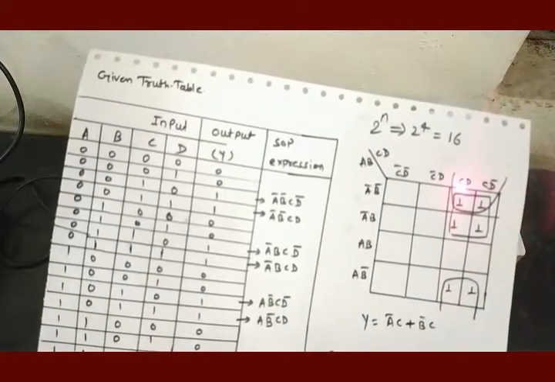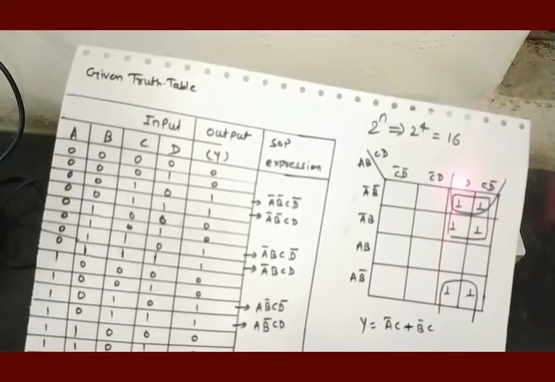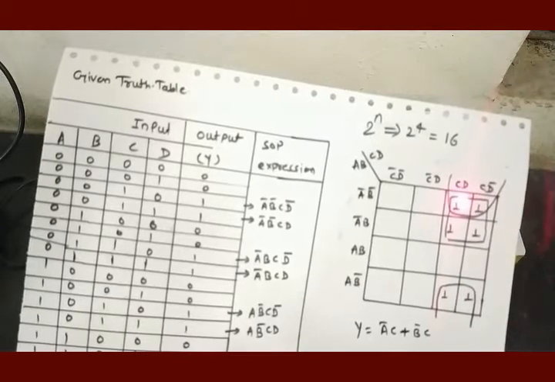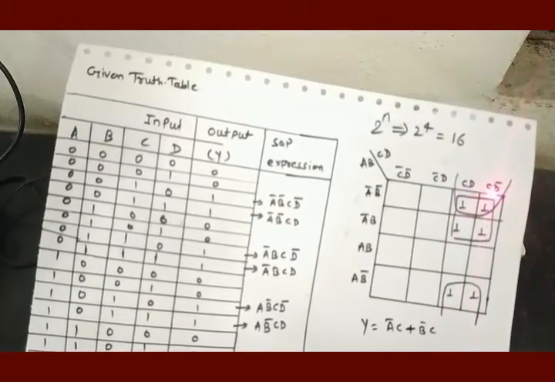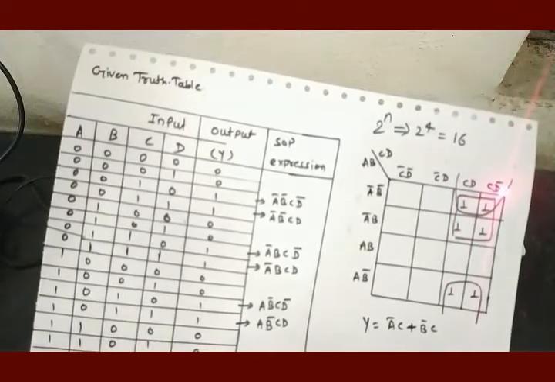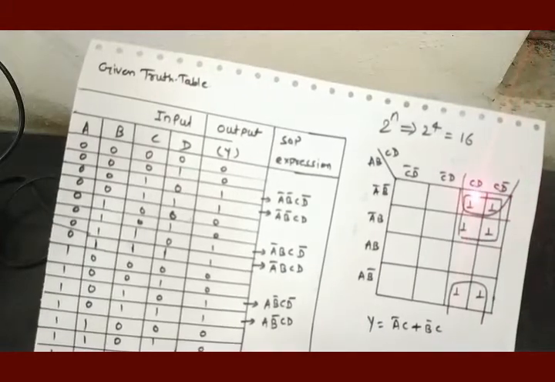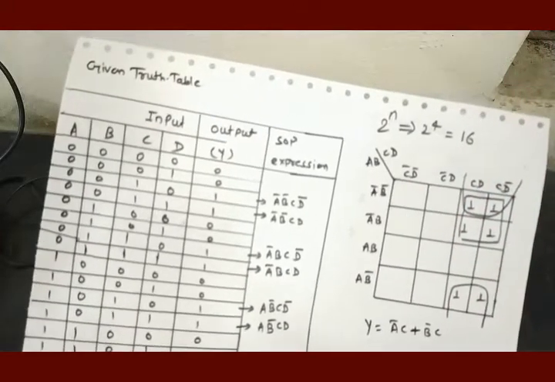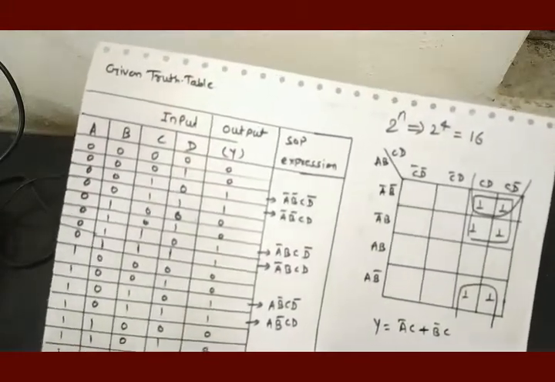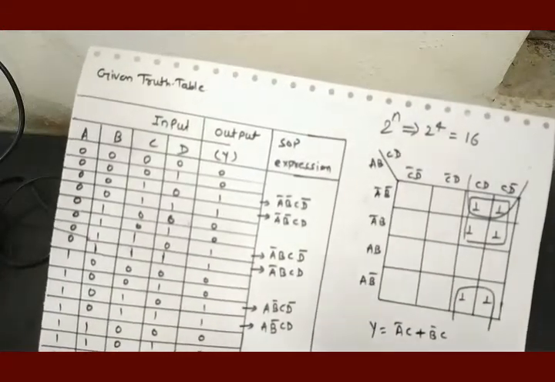Let us shift from this cell to this cell, this position to this position. When we shift from this position to this position, we find that D is changing its form to D bar. Or if you shift in the reverse way, from this cell to this cell, you will find that D bar changes its form to D. The variable which changes its form, either from uncomplemented to complemented or complemented to uncomplemented, will go away.